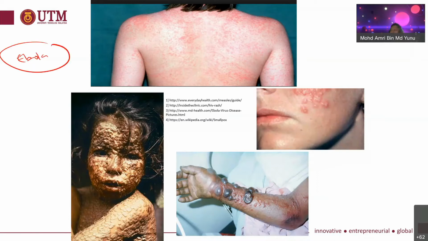Ebola has high mortality, like 83 to 90% of people who got infected with Ebola, if not treated early, could die. But, okay, Allah has instructed Ebola not to be viral. Like COVID-19, the mortality rate is less than Ebola, but it has become viral.